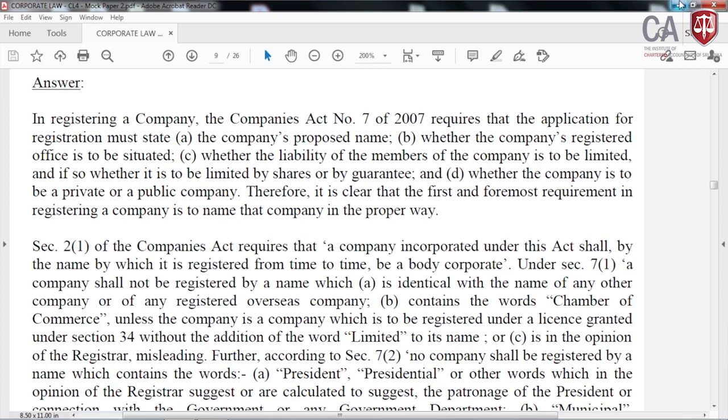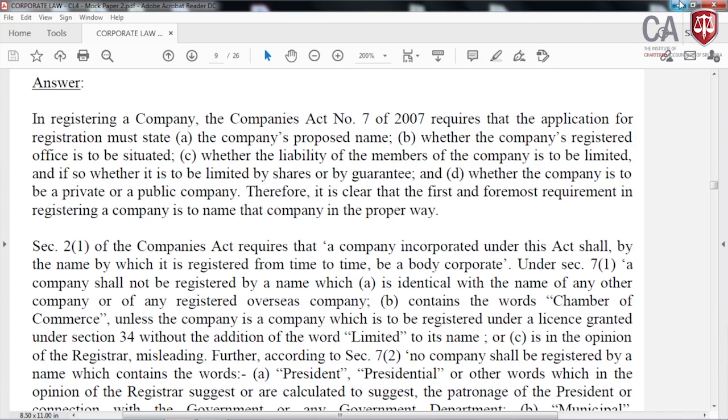Then thirdly, whether the liability of members of the company is to be limited, and if so, whether it is to be limited by shares or by guarantee. So what is the nature or style of the company's liability? Whether it is limited, and if it is limited, is it limited by shares or limited by guarantee? And whether the company is to be a private or a public company.